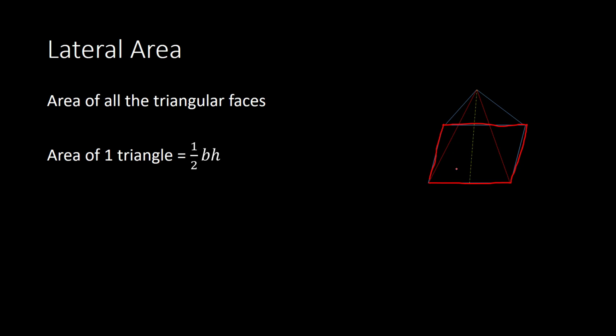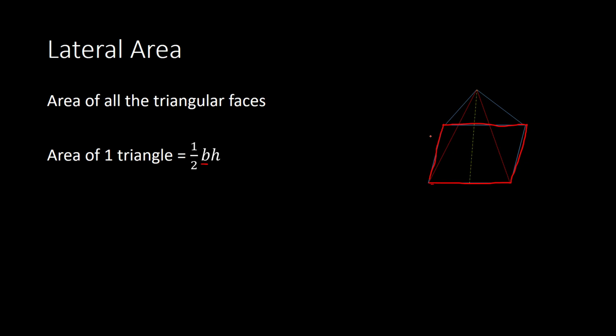Now, if we wanted to add all of the area of the triangles together at one time, I'm going to incorporate all of these bases together at one time as well. So I use this formula, 1/2 base times height, but I'm adding up all the bases. So instead of just one base, I'm going to have the perimeter of the big base.